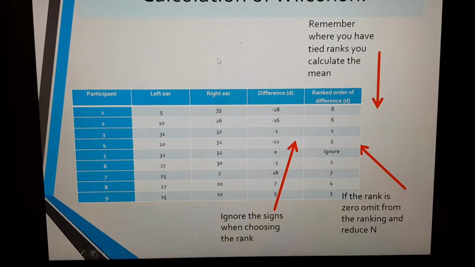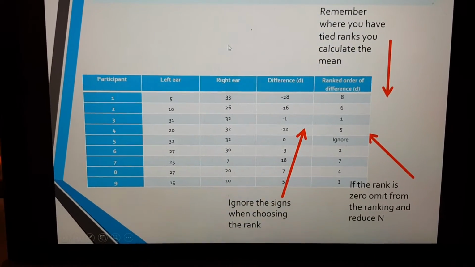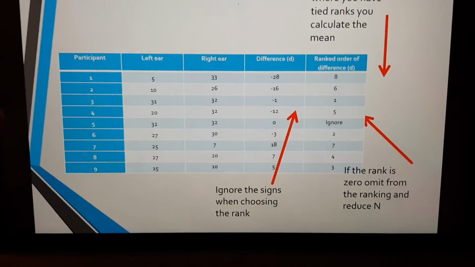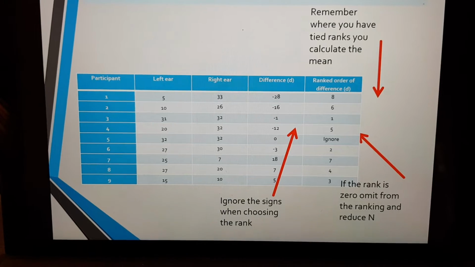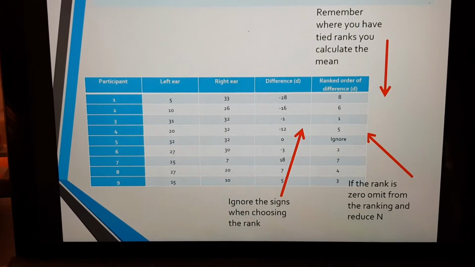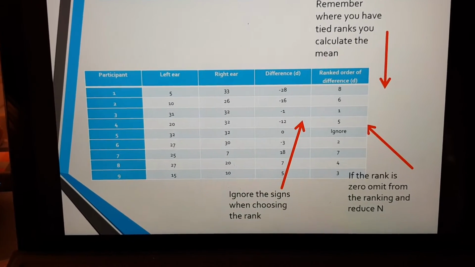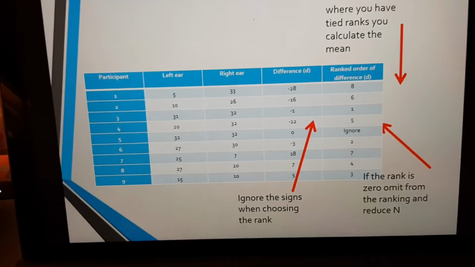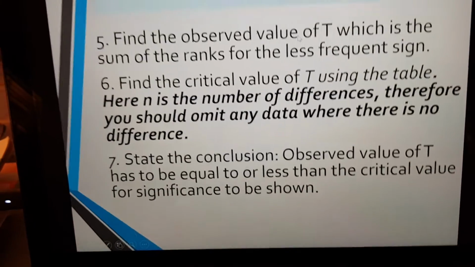So we've got our participant and their recording for their left and their right ear, and we've added in two extra columns. We've got a difference column and we've got a ranked order of difference column. So that's your first job.